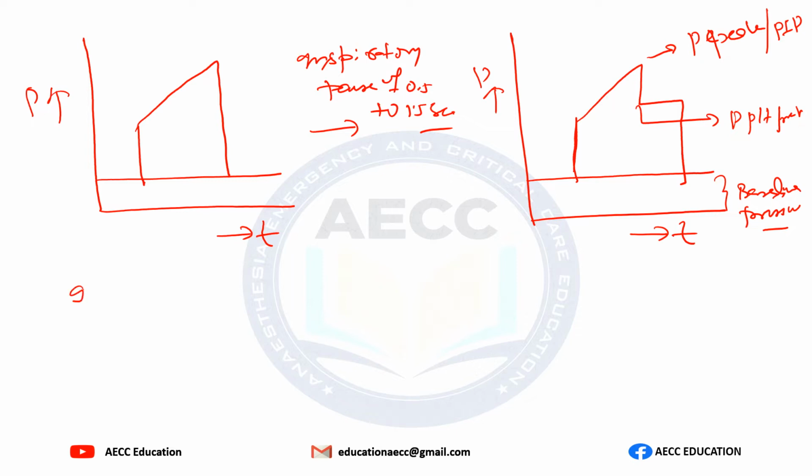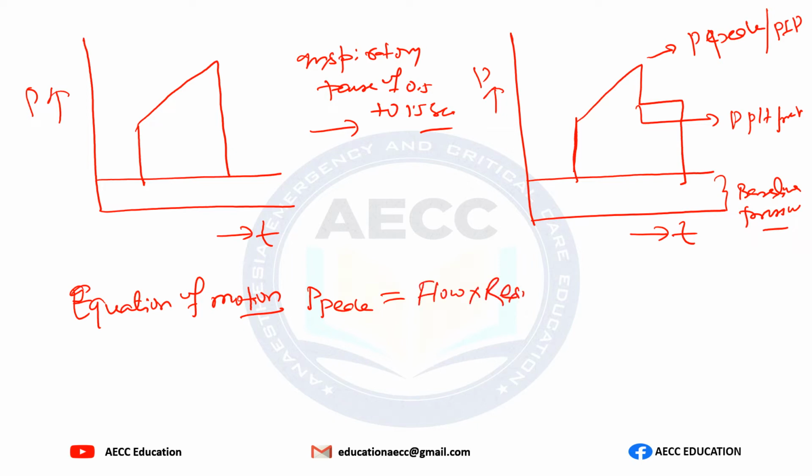In the previous lecture, we already discussed the equation of motion, that is the total pressure required to overcome the airway resistance and the elastance of the chest as well as the lung. P peak is equal to flow times resistance plus volume divided by compliance.